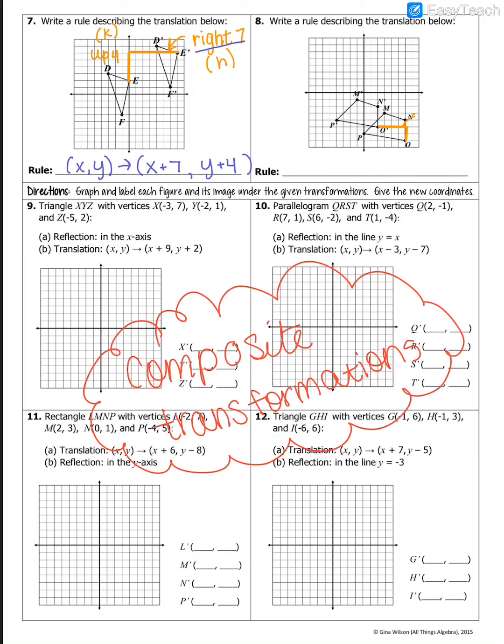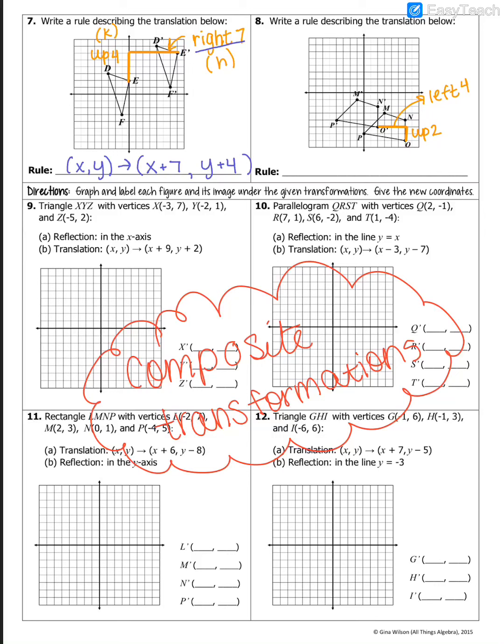Make sure that you don't make the mistake that I just did. Be careful, because it's really easy to miss those primes because we're going from O to O prime. Always go from the original to the new, and I just missed that prime for whatever reason. So if I'm going from O to O prime, I'm going up 2, but then I'm moving left 1, 2, 3, 4.